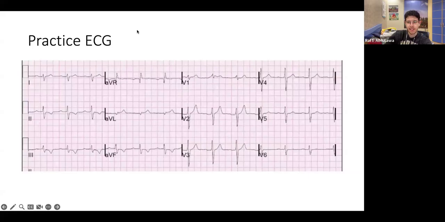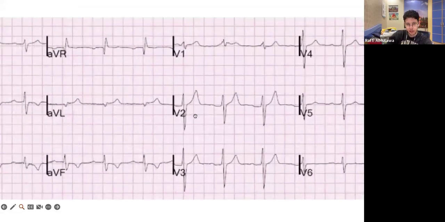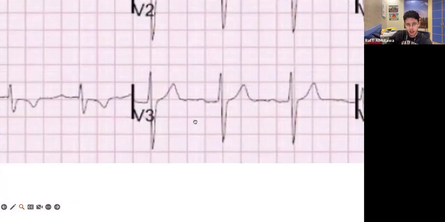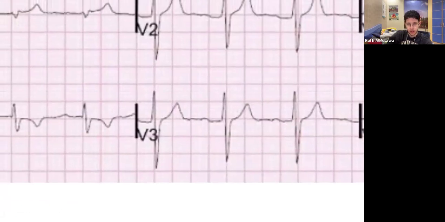Okay, if you're gonna say STEMI, tell me where. V2 and V3 are low-key looking kind of weird. Let's look at V2 and V3. You are right, they do look weird.